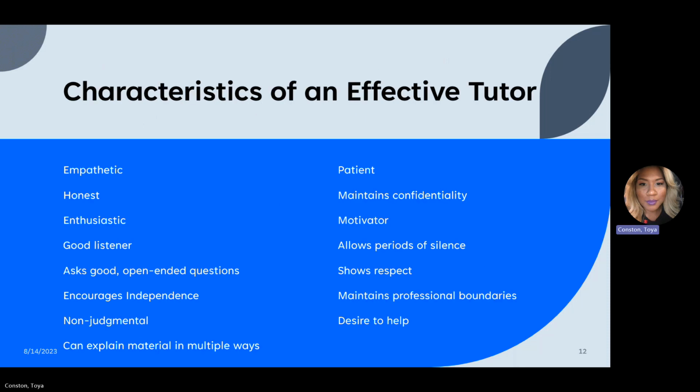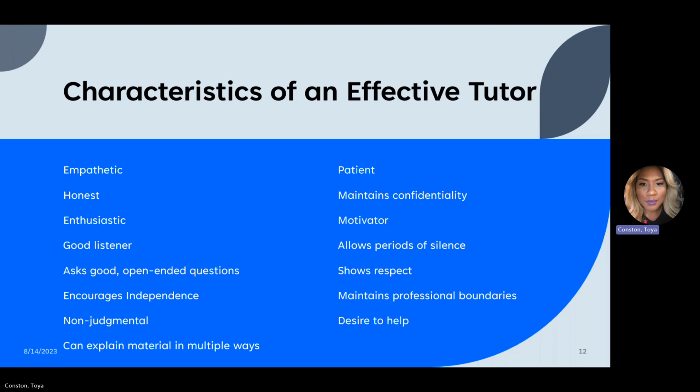So now that the top 10 best practices for a successful tutor has concluded, the last thing in this training session are the characteristics of an effective tutor. So while you want to engage with the best practices, you also want to develop these characteristics of an effective tutor while you're engaging with your student learners.